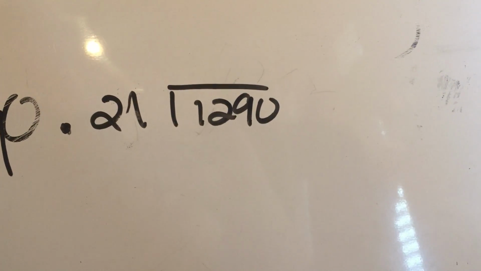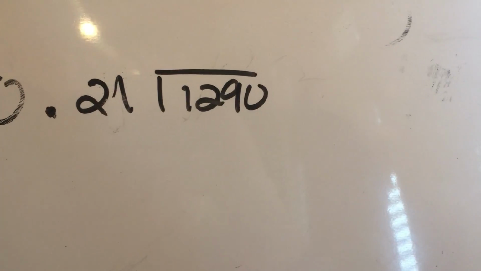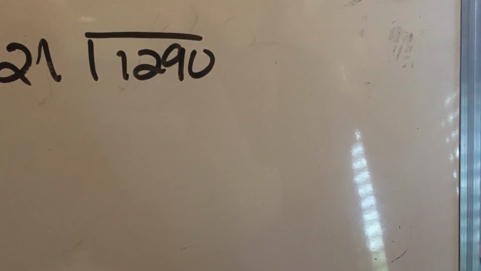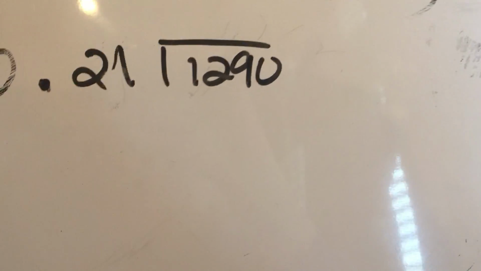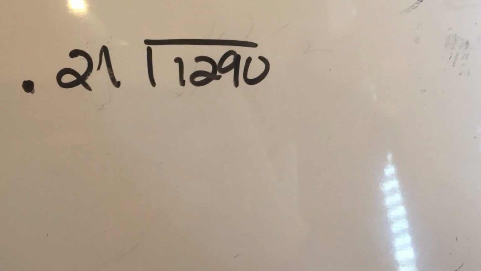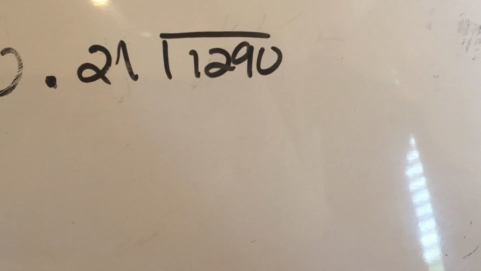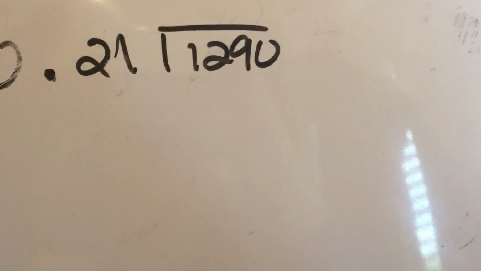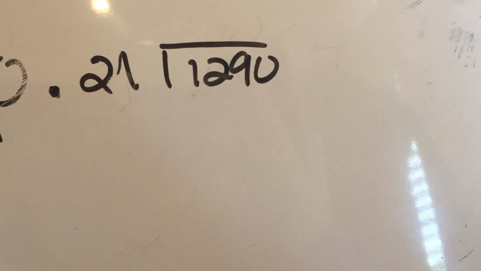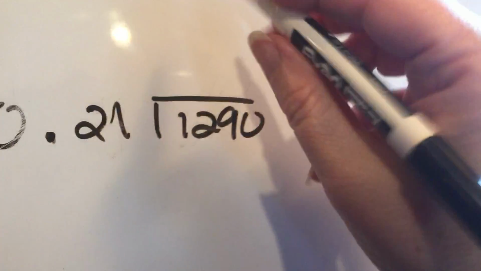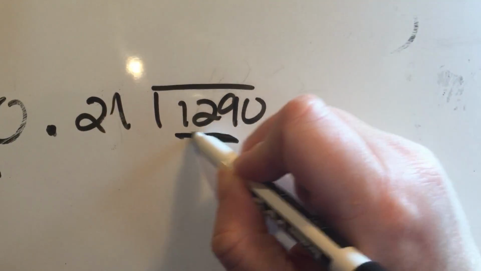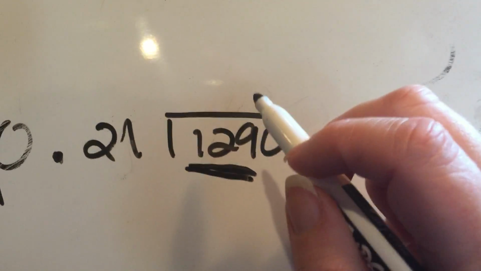It will not go into 12. But it will go into 129. Let's see, how many times do we think that would go in? Probably 6, because you can divide 12 by 2 6 times. So let's try 6, and the answer is going to start over the 129. That's the first thing you can divide this into.